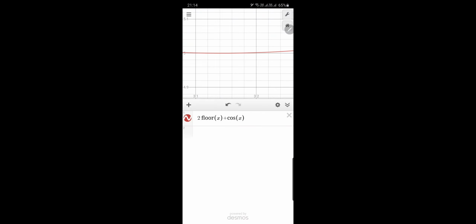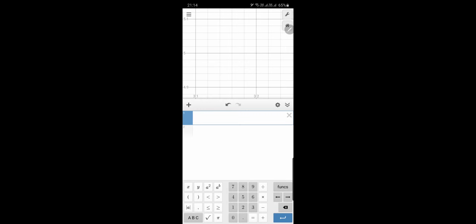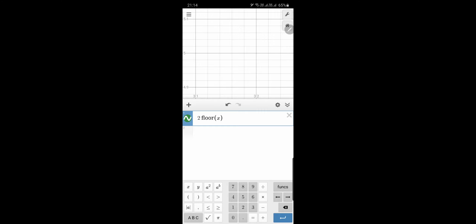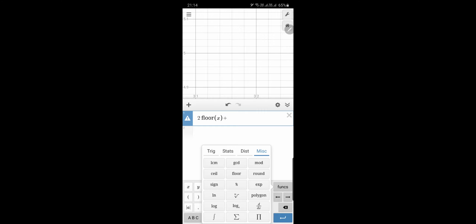So here I have made this graph of x plus cos x. With the help of the graph you will be able to understand this in a better way.